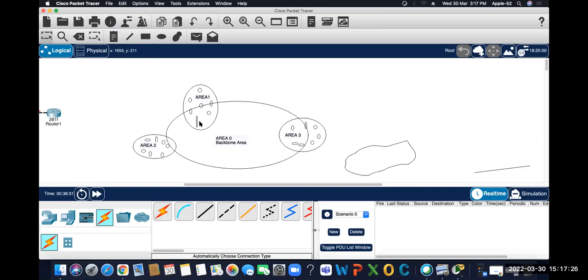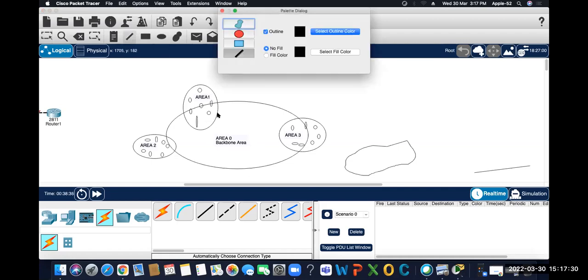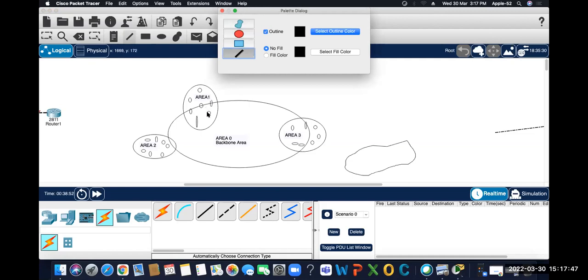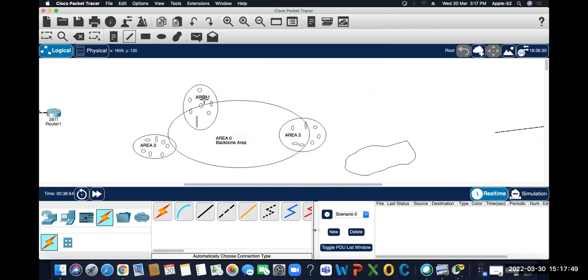Now the question comes, how will they be connected? They will be connected with one router.